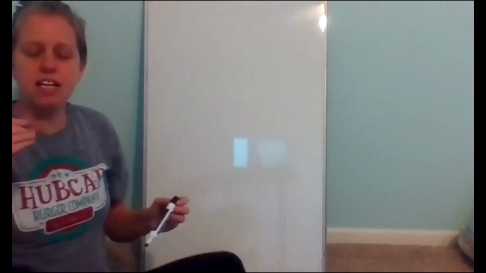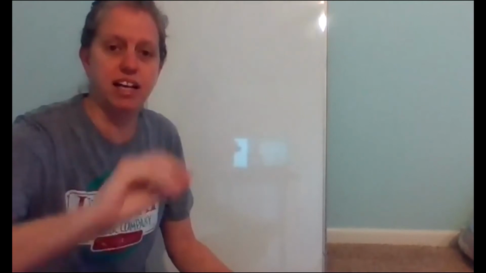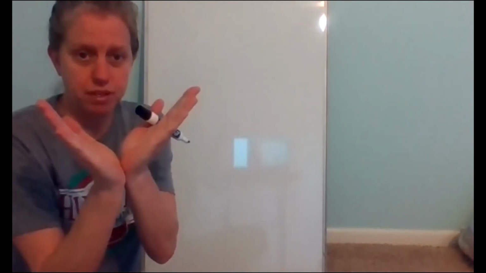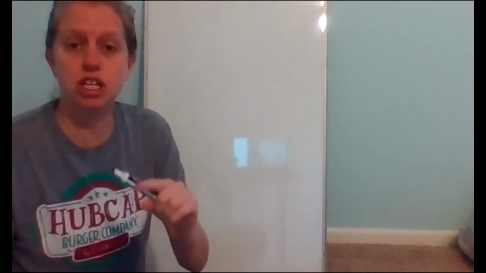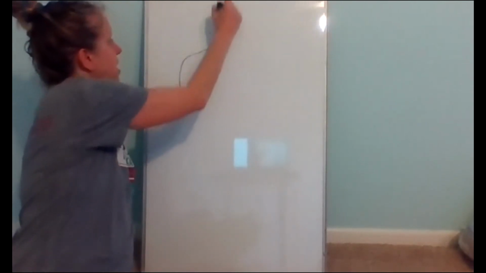Okay, there's certain things about the graph that actually give it its shape. What gives it shape is what is happening to the x, right? If the x is squared, it'll be a U shape. If it's an absolute value of an x, it'll be a V shape. If it's x cubed, it would be that shape that looks like that.